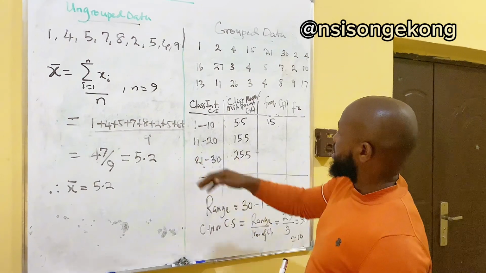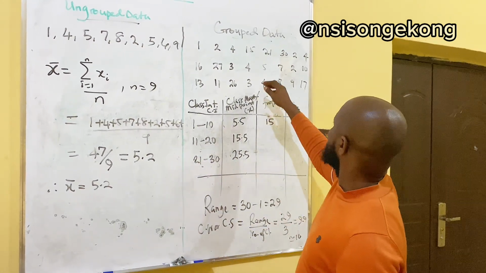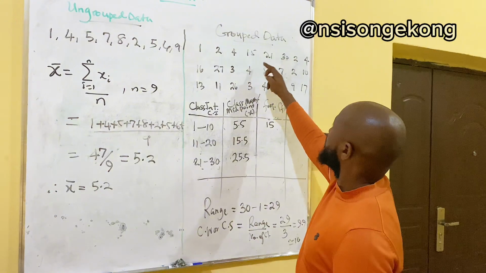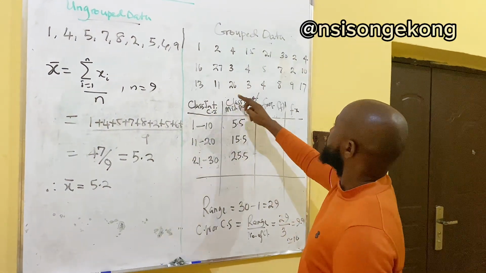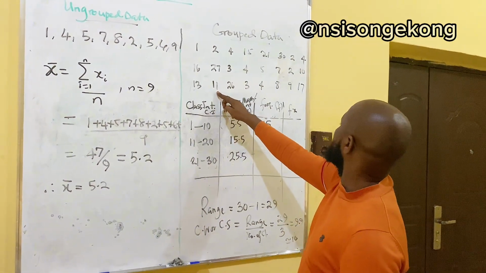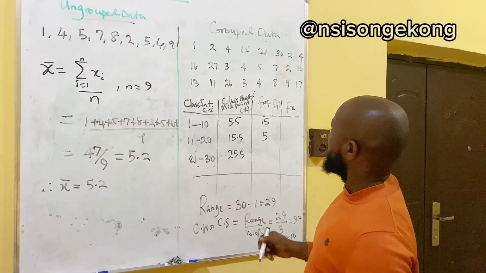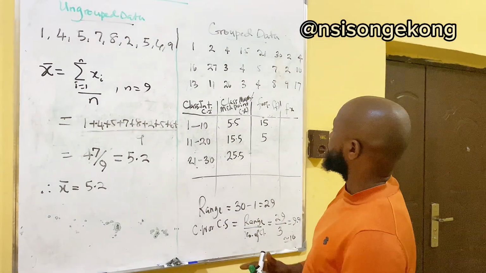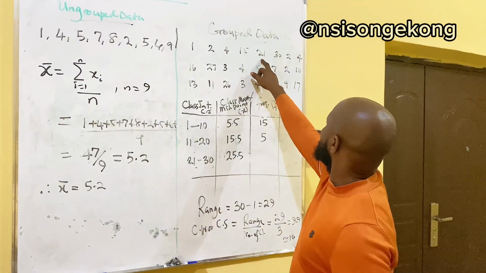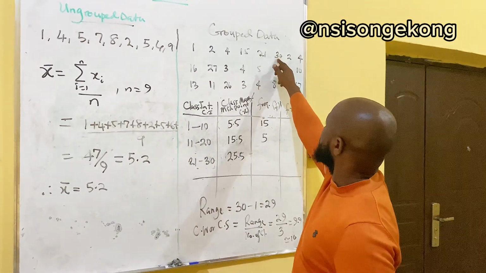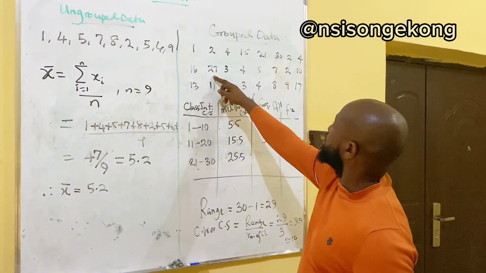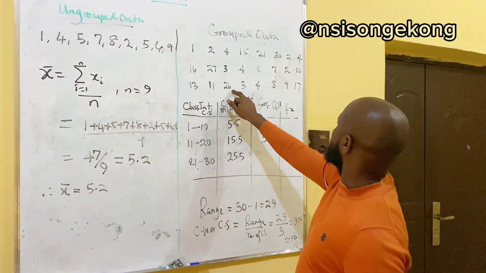Then for this particular class, 11 to 20, we have 1, 2, 3, 4, and 5. We have 5 of them for that class. And for the last class, we have 21, the second one, third one, and the fourth one here.